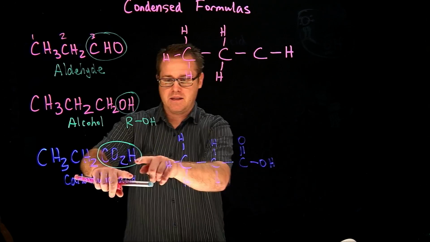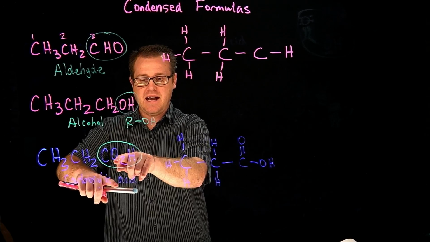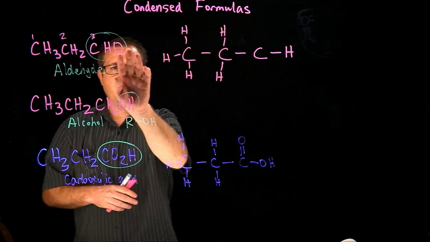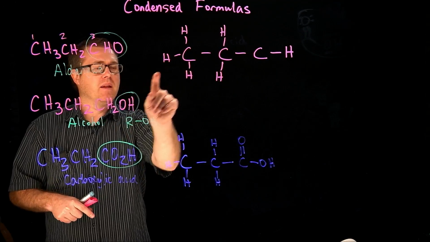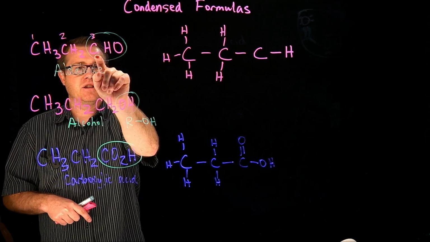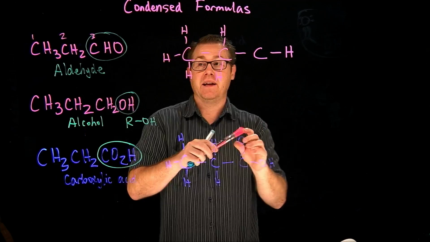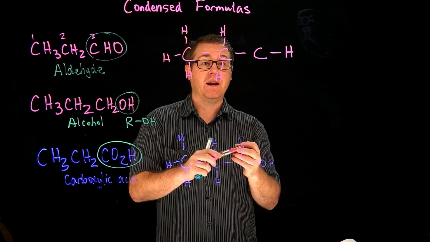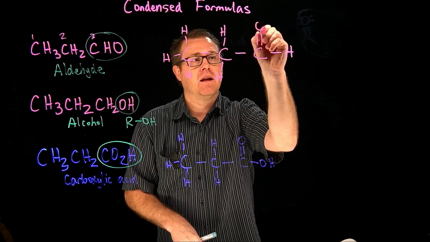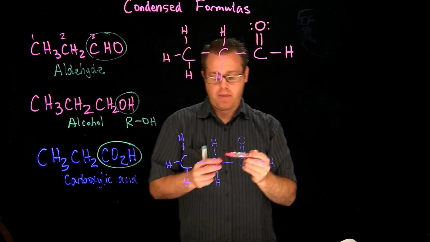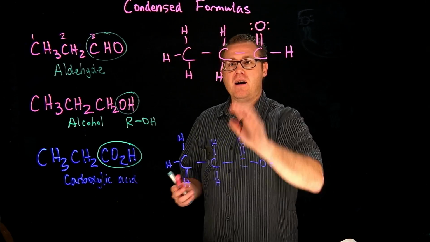So in the carboxylic acid representation, this hydrogen is attached to one of those oxygens. But now it's looking a little different here. This hydrogen is attached to the carbon, not the oxygen. And this oxygen right here is bonded to carbon 3 in a double bonded fashion. So that is the aldehyde.